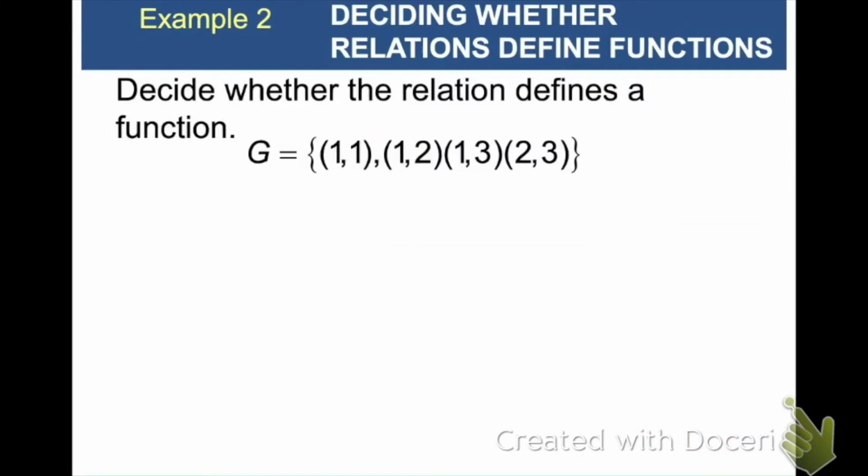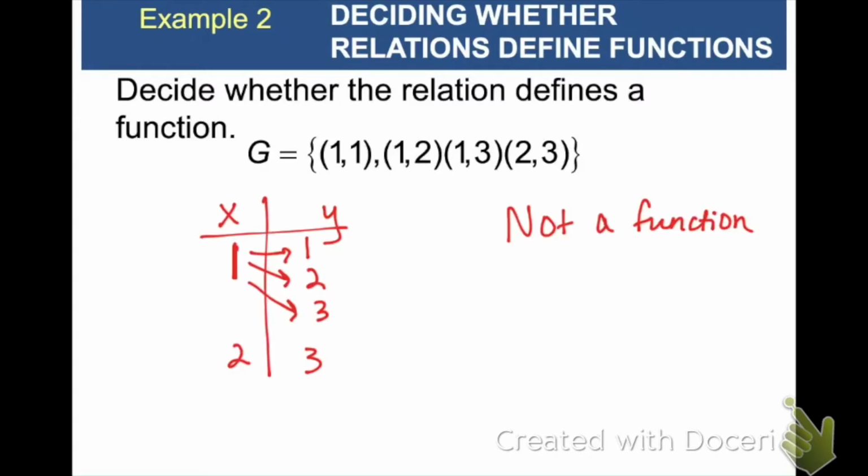Okay, here's another example. So pause the video, write it down, and see if you can tell me yes or no if it's a function, and give me the domain and the range. Okay, this one is not a function because my x's repeat. I can look at the sets and see that my x's repeat.